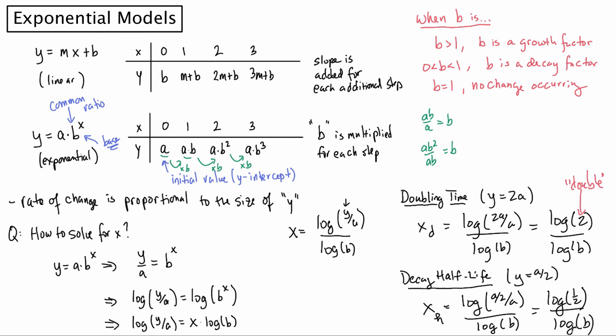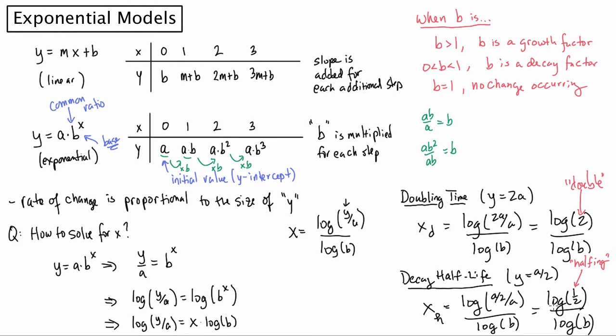So the amount of time it takes for something to decrease by half when you are exposing it to exponential decay, you can see here that the half-life involves the number 1/2 inside the log because it's referring to halving.